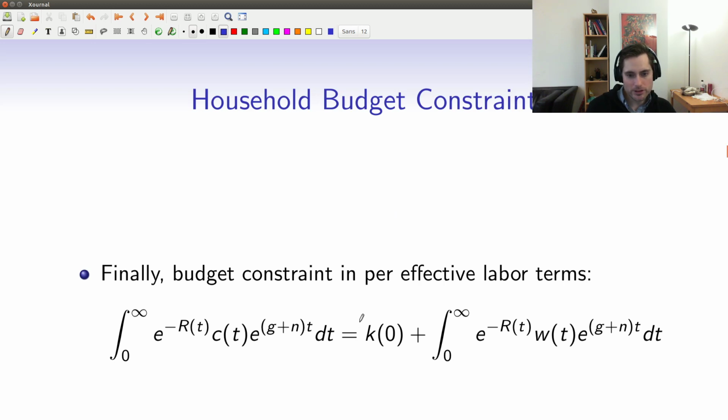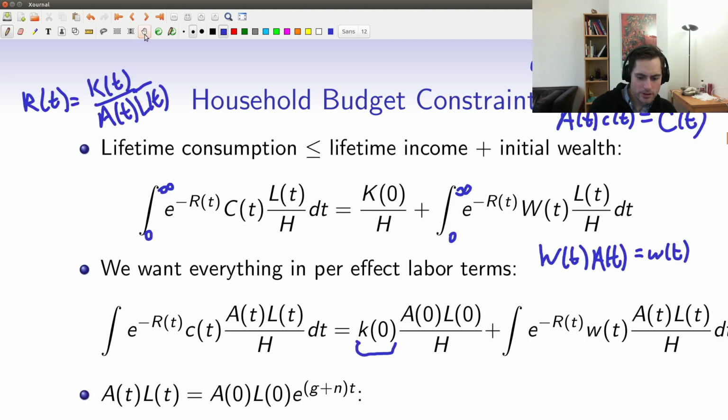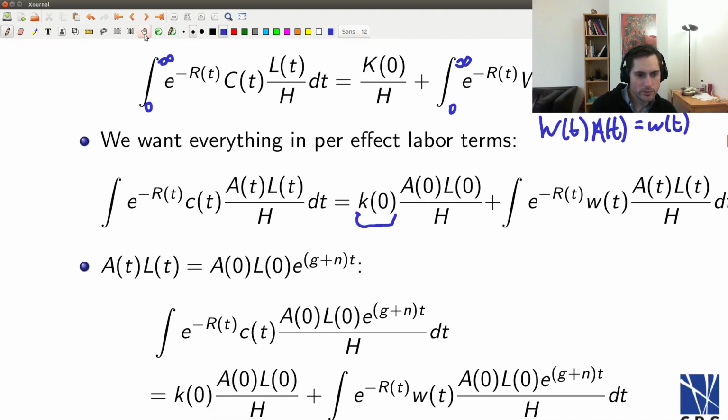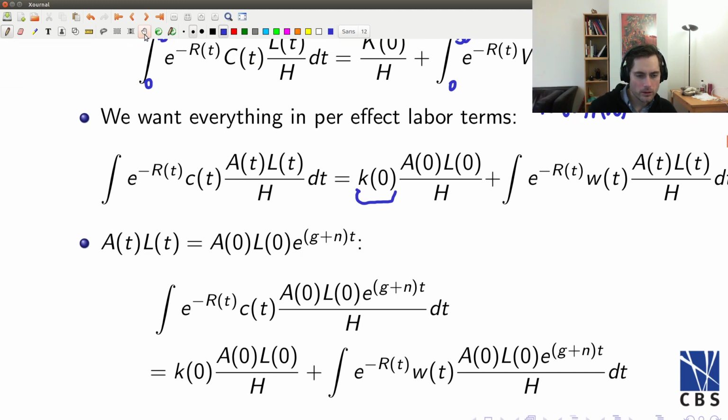So here's the final budget constraint. Okay, so what we can do here is we can actually just divide both sides of the equation by A_0 L_0 divided by H. So these guys are going to cancel, these guys are going to cancel, and these guys are going to cancel.